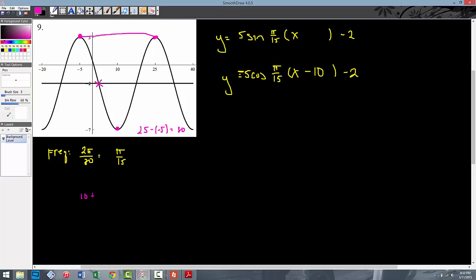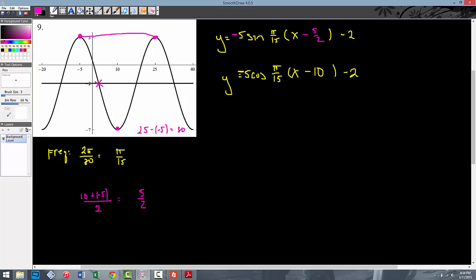So 10 plus -5 divided by 2, that's going to be 5/2. So I'm going to go ahead and subtract 5/2 from my x value so that I can get to the right by this much. Now, if I do that, sine must also be negative.